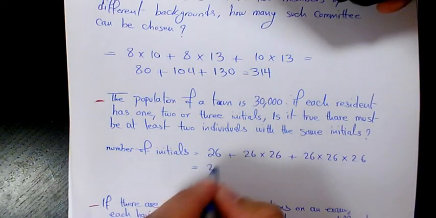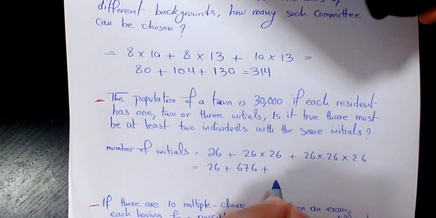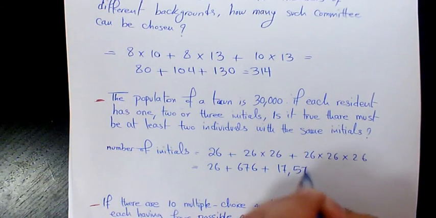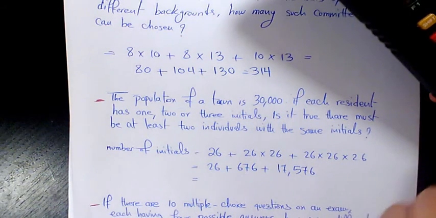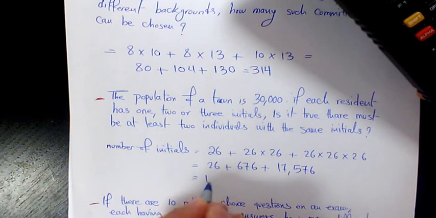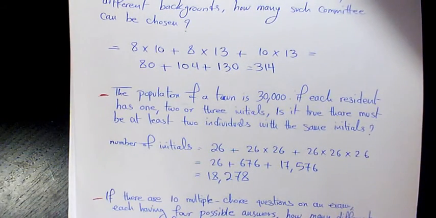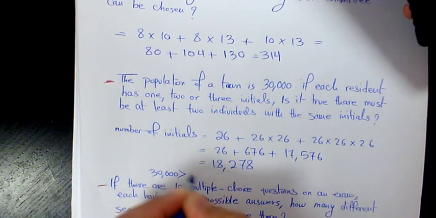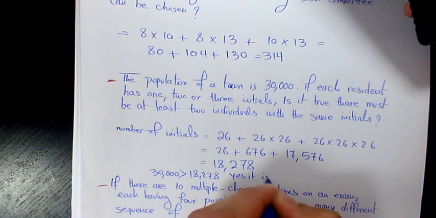So that's going to be 26 plus 676, and then the other one is going to be 17,576. So that's going to be 18,278 individuals. As you see here, still 30,000 is greater than 18,278. So we're going to say yes, it is true.